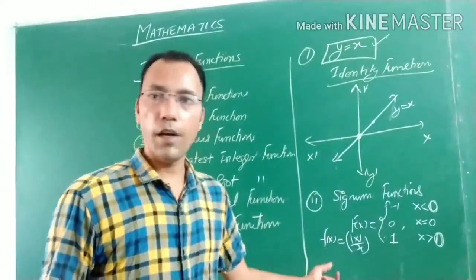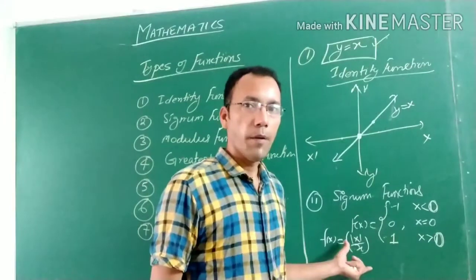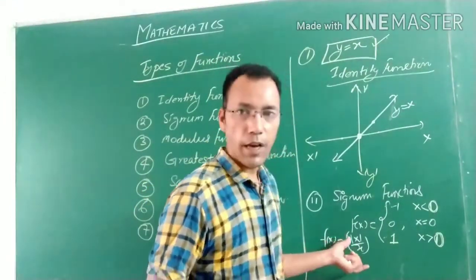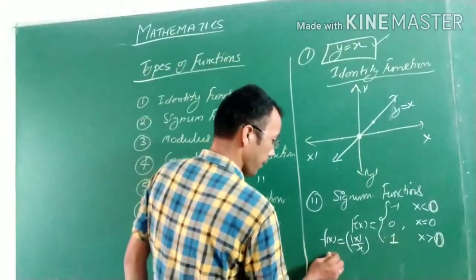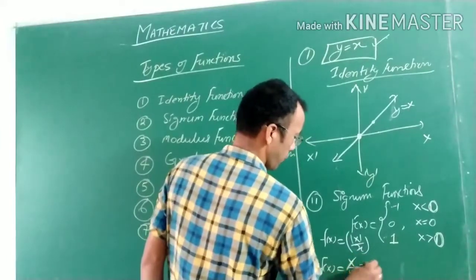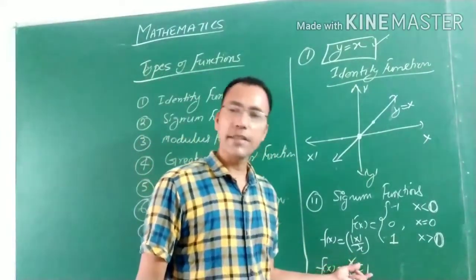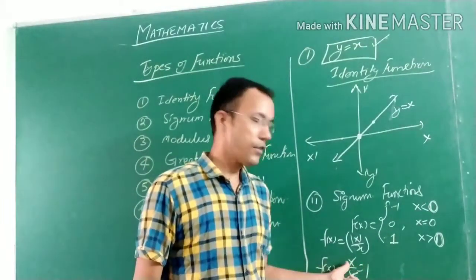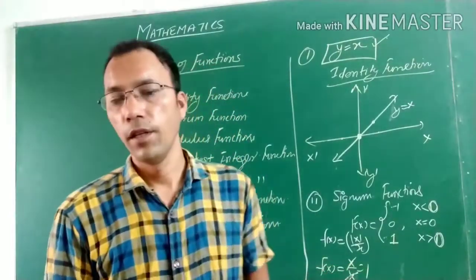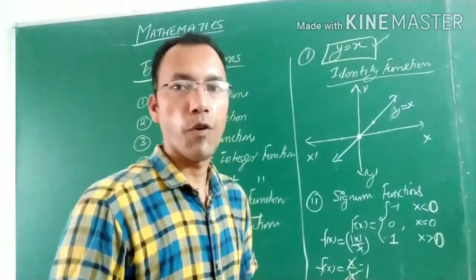At 0 it is 0 by 0, but at 0, which is neither positive nor negative, we write it as 0. When x is greater than 0, x upon x cancels out and it is 1. That is the contradiction. We will explain it later on.